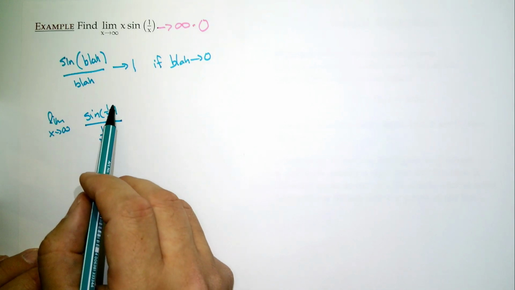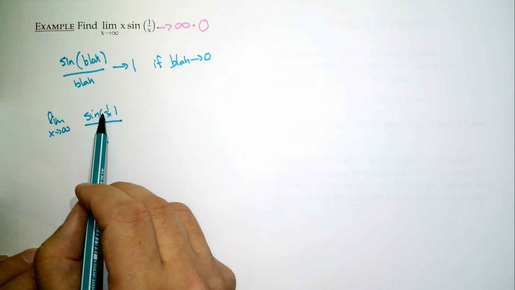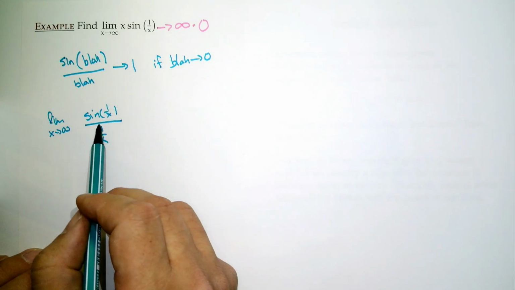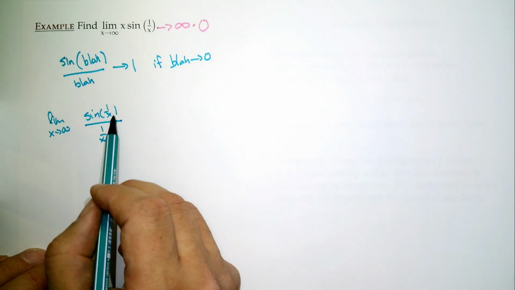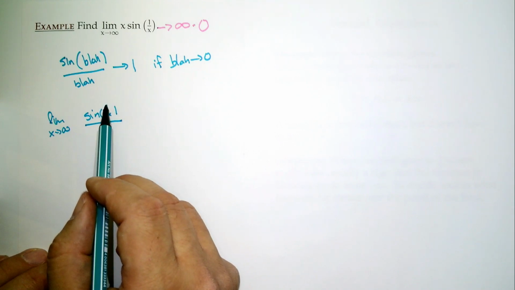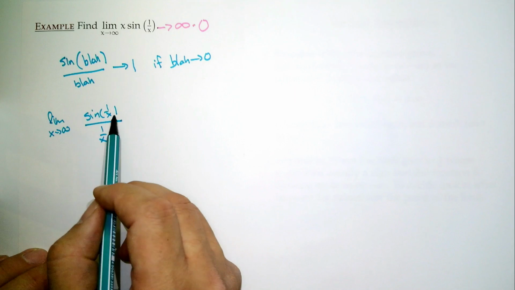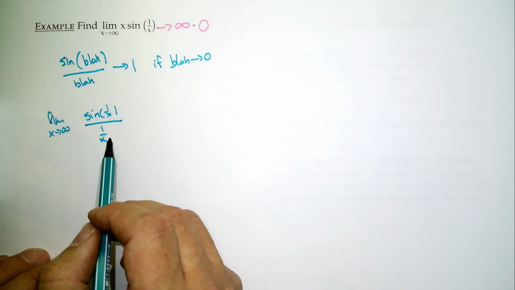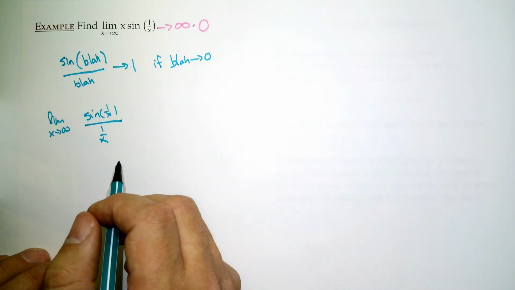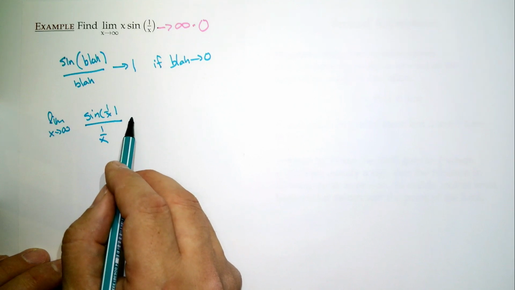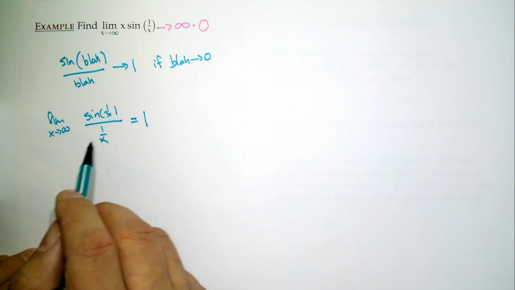Well, we have this 1 over x matches 1 over x. Is the 1 over x going to 0? Yeah. So I have my form, sine of blah over blah. Blah is going to 0. So what does this go to? 1.